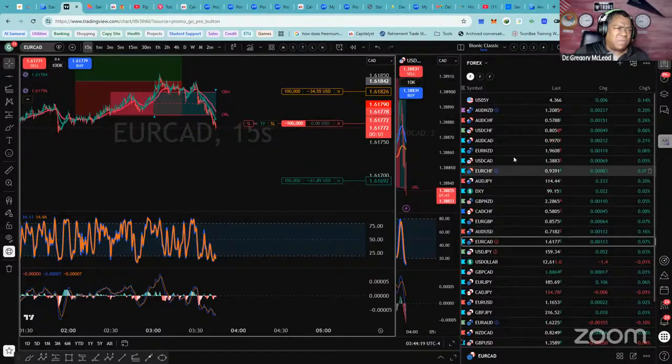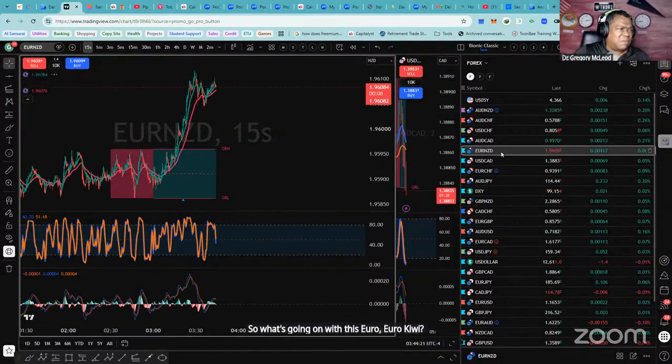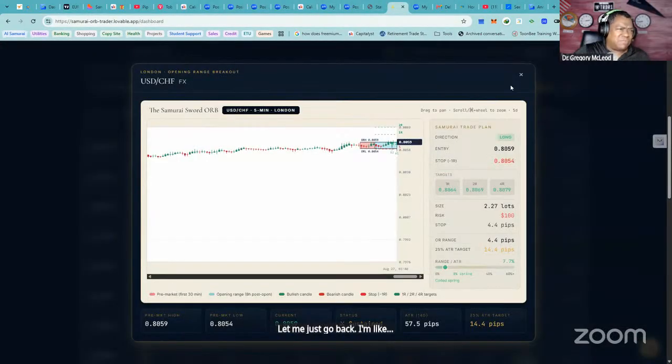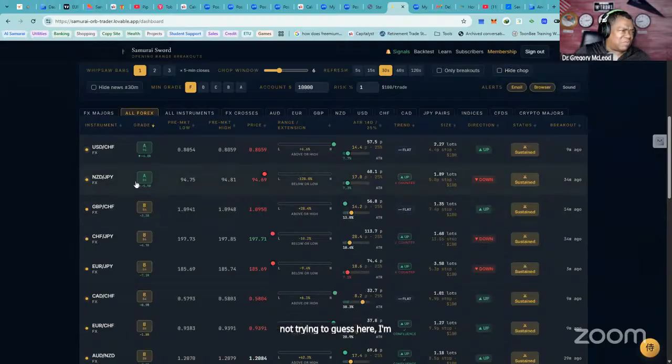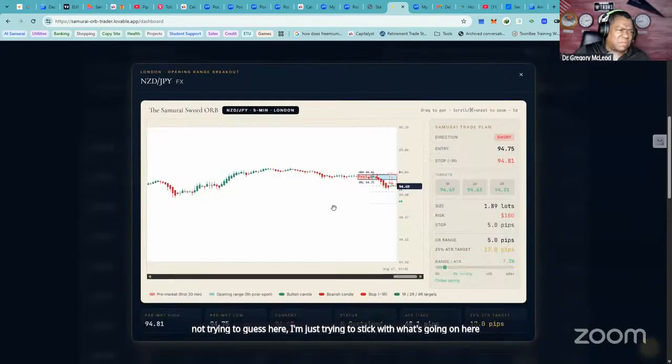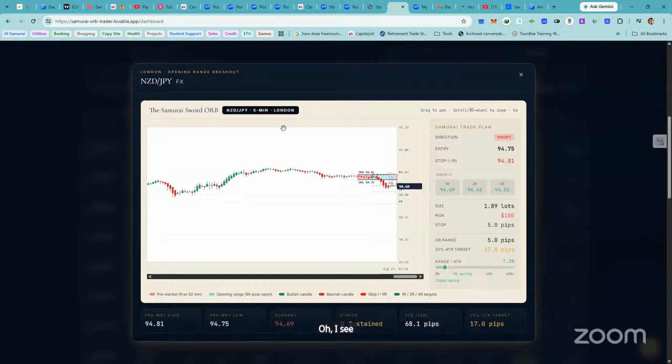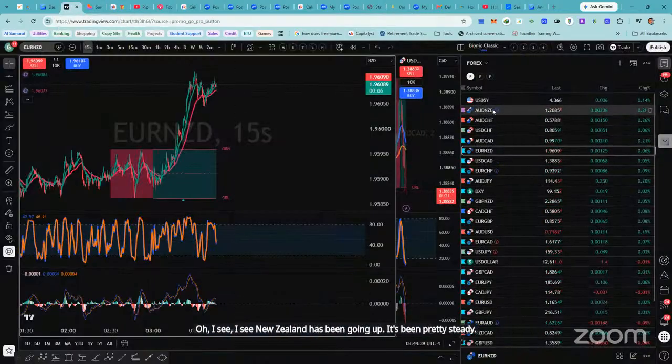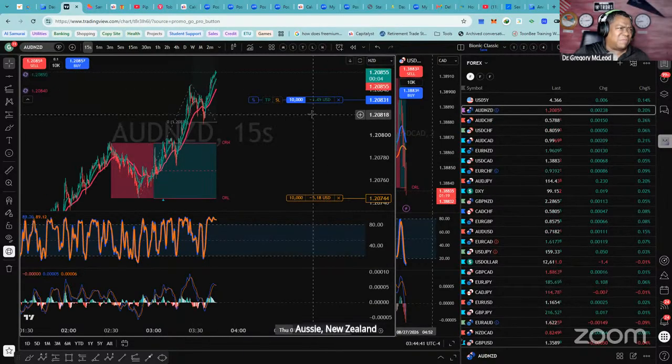So what's going on with this Euro Kiwi? Euro Kiwi going up? No, Euro Swiss. Let's go back. I'm like not trying to guess here. I'm just trying to stick to what's going on here. Aussie New Zealand has been going up. It's been pretty steady. Aussie New Zealand, and yep, there it goes.